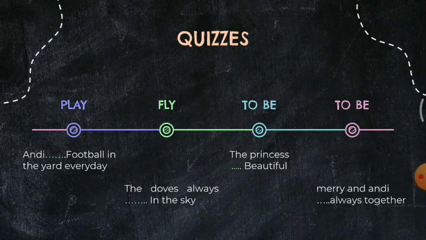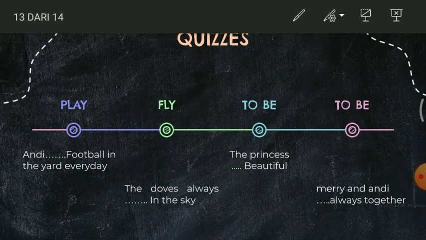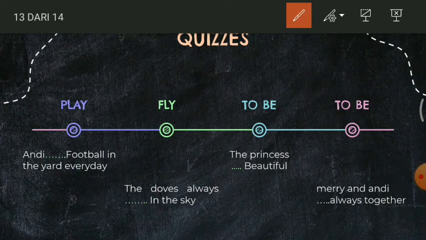next is the quiz. For the quiz, we will discuss the questions. First, Andy blah blah blah football in the yard every day. Because it is Andy, like he, it has to be played with the s.